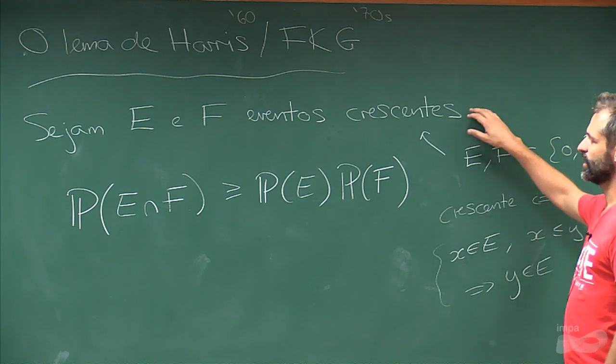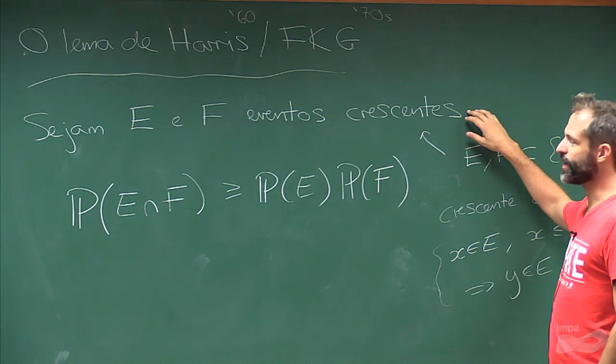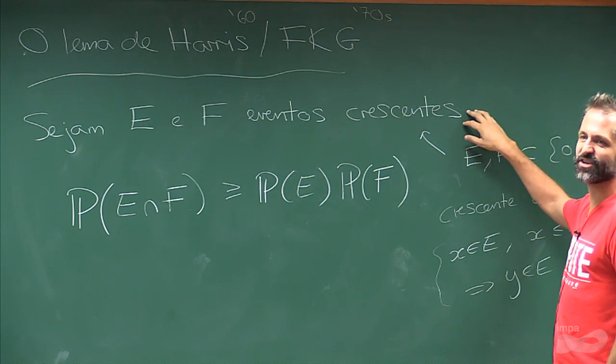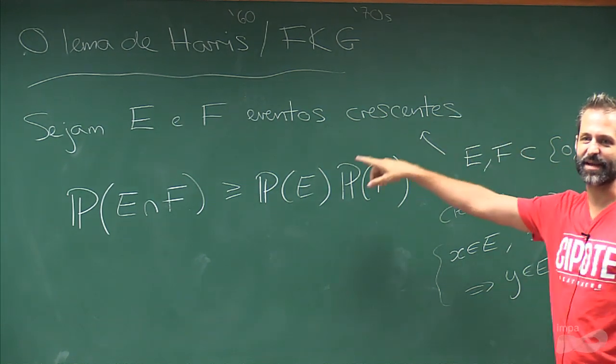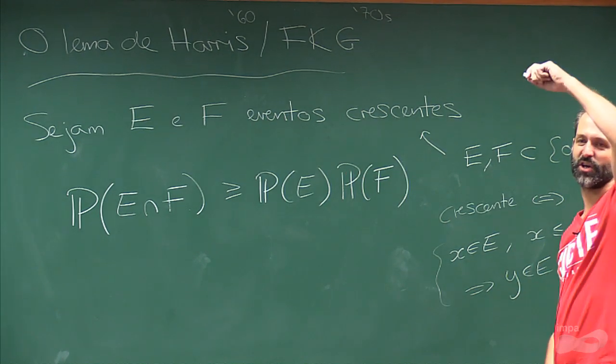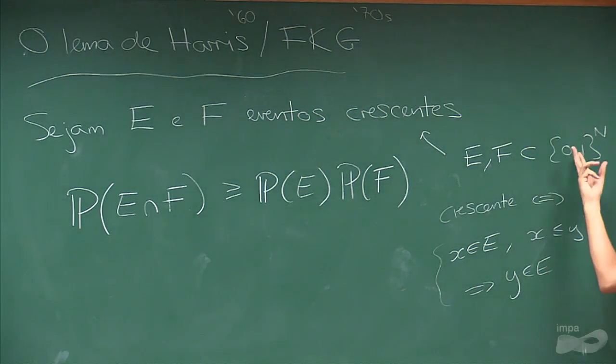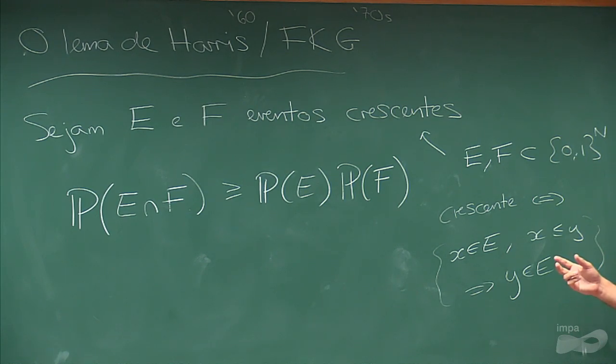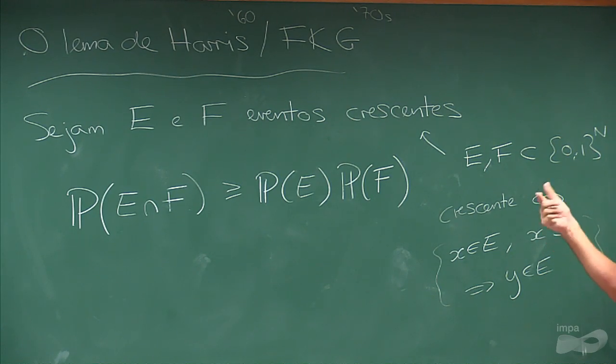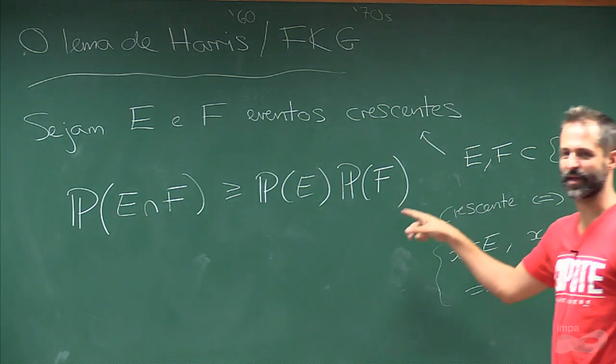So, I hope it's obvious that if both events are decreasing, then the same inequality holds. Just turn the world upside down. Swap 0 and 1. What if one is increasing and the other one is decreasing? Then you exchange the order, and it follows from this.